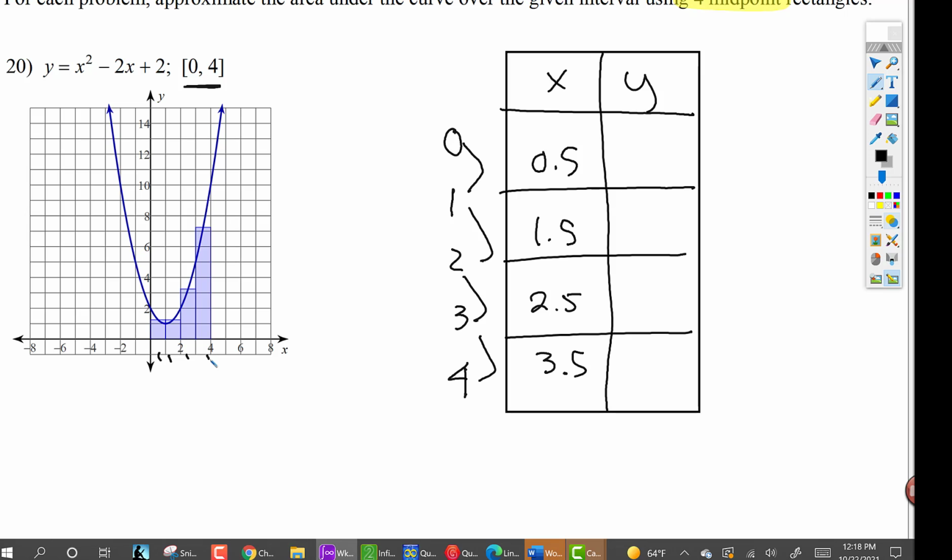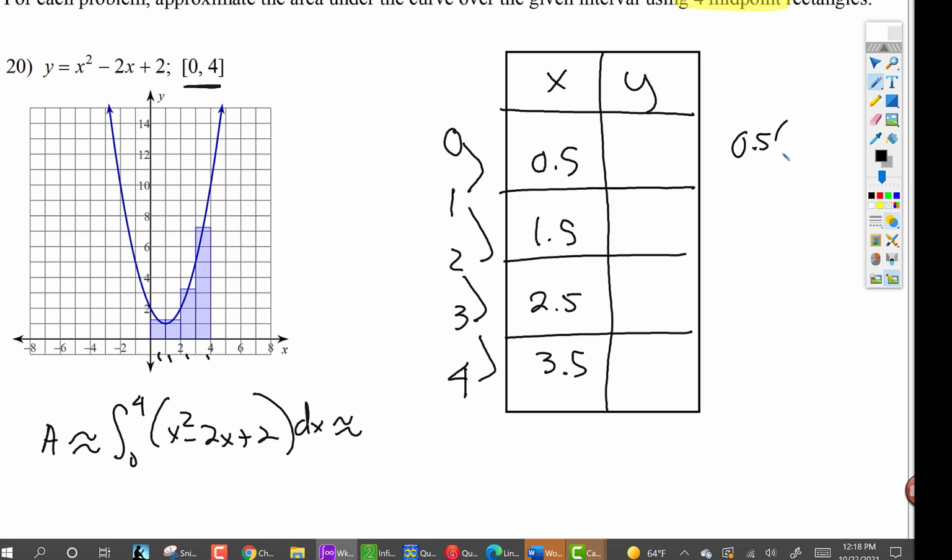So you're going to say the area approximates the integral from 0 to 4 of (x squared subtract 2x plus 2) dx. And then remember, it's going to be 0.5. It'll be whatever this height is. That's the height.